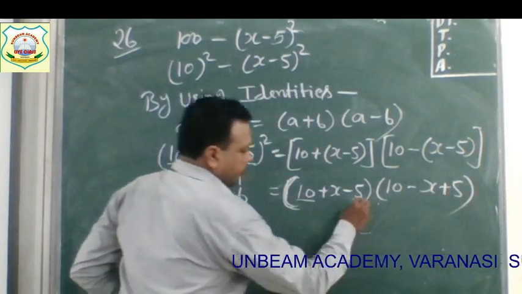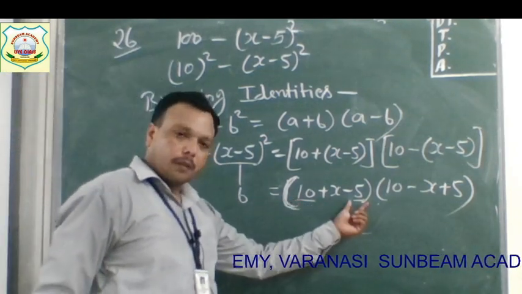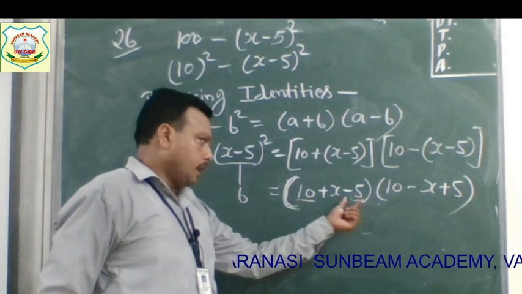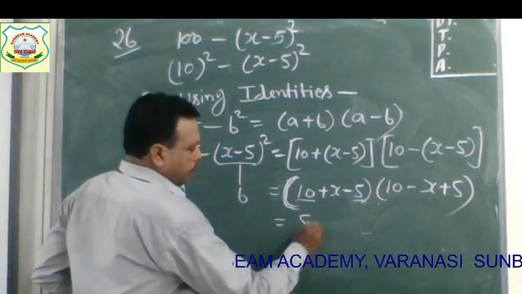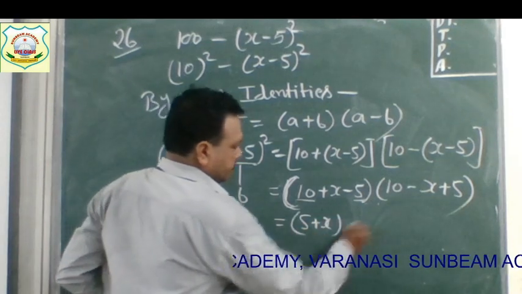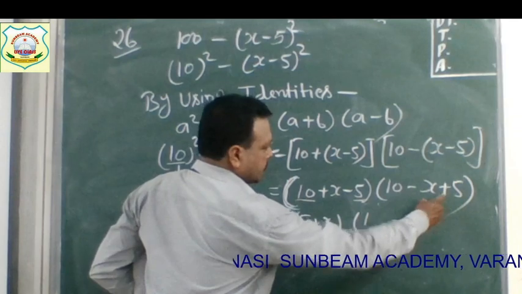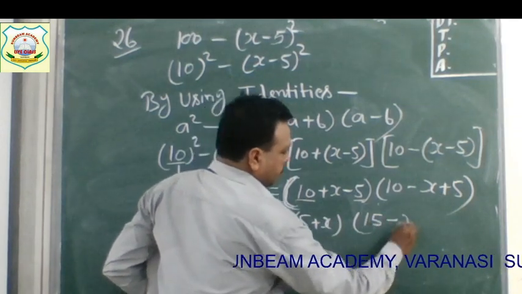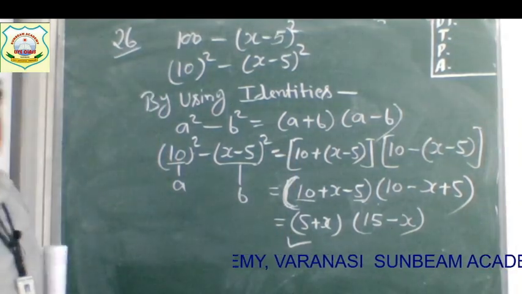Students, here we will see where the numeric values are. So ten minus 5, what value will come? 5 plus x. Here ten plus 5 is 15, because they have a plus sign. It will be 15 minus x. It will be your answer. So note it down.